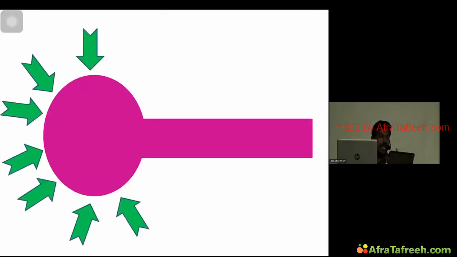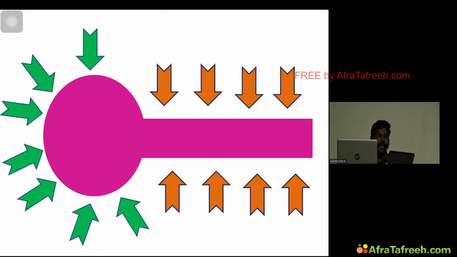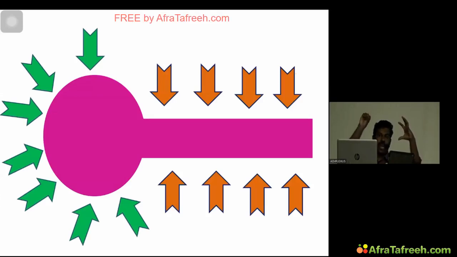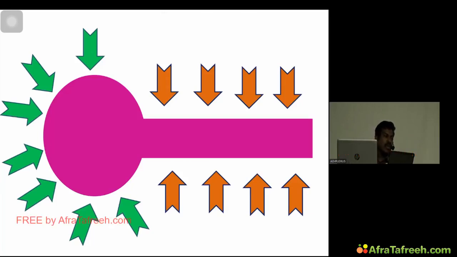But this pushing of air outside gives pressure at both the alveolar level and the airway level, so the airway also tries to collapse, and the alveoli also try to collapse. At one point, the airway wins over the alveoli. In physiology, the point at which the airway collapses before the alveoli is called closing volume.